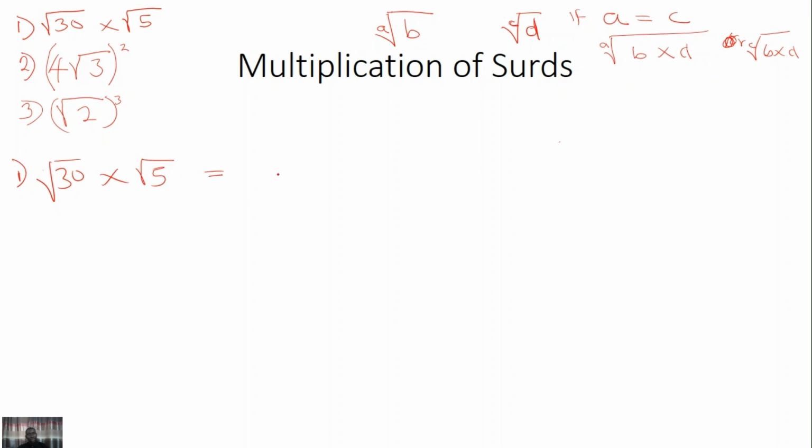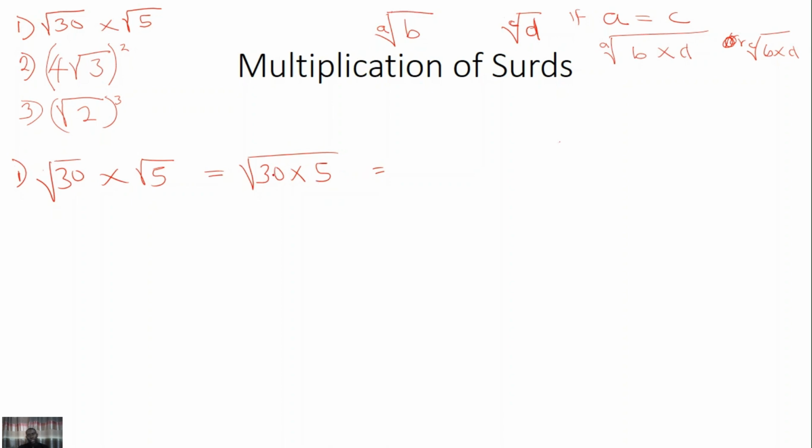This will be equals to root 30 times 5, and this will be equals to root 150. But anytime you are dealing with surds, it's very important for you to simplify it.